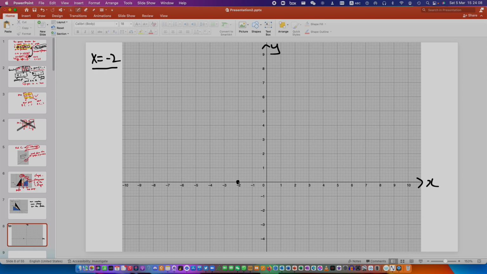So how do you draw x equals -2? A straight line. Horizontal or vertical? Vertical. What's the meaning of x equals -2? X equals -2 means regardless of y, I am always -2.